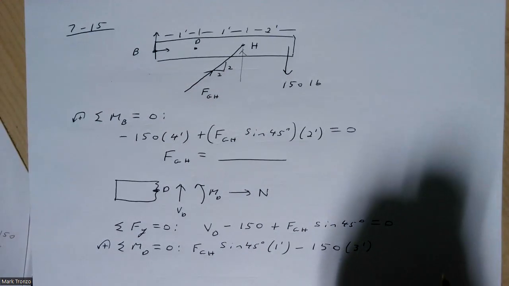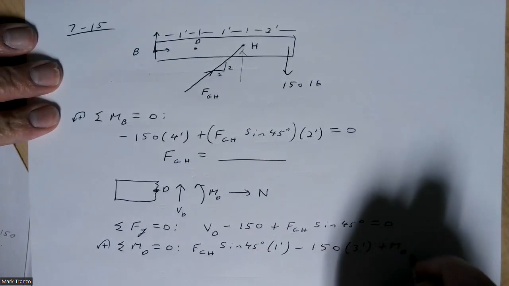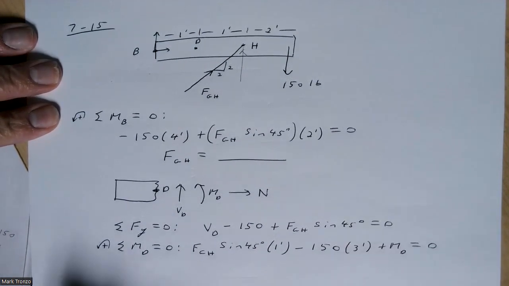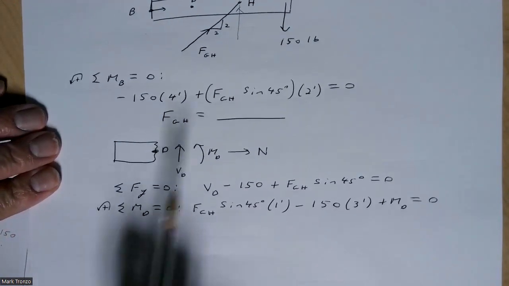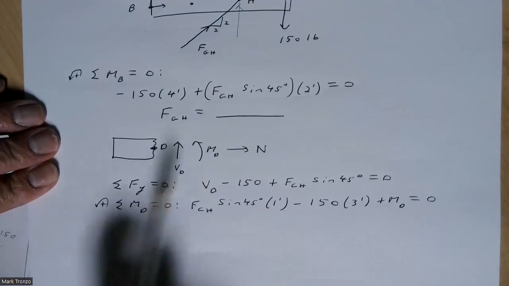And then whatever your MD is, set that equal to 0. Just check the signs. You may have a different way of doing this with these internal loads.